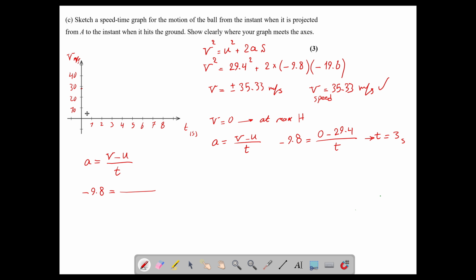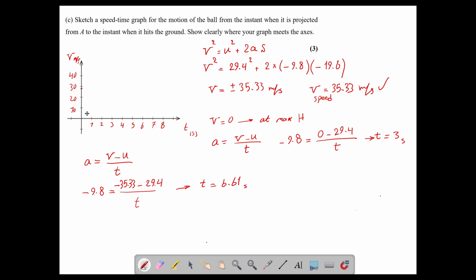So our initial velocity is minus 29.4, and final velocity here is minus 35.33 meters per second. And we are looking for time. Or you can use other formulas to find the time as well, but this is the easiest one. Okay, if you calculate it, you will find t equals 6.61 seconds, the time when the ball hits the ground.